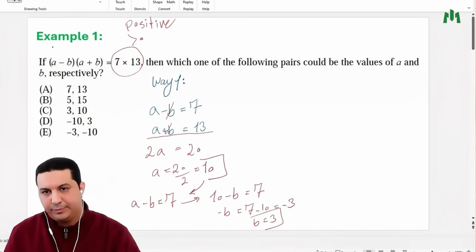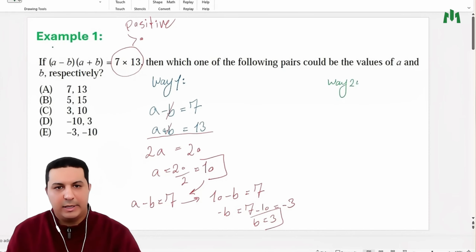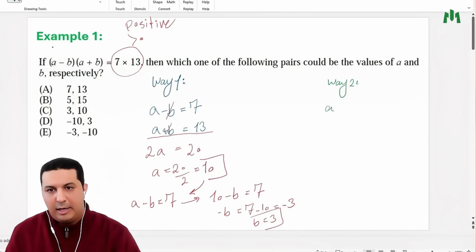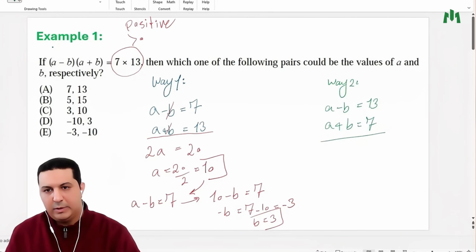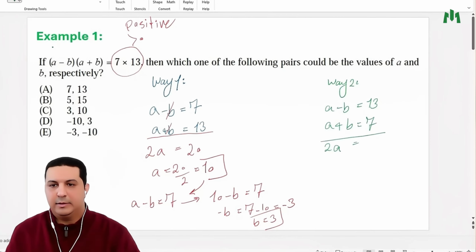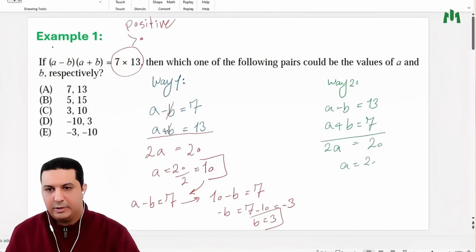Way two: we have the multiple here, so it can be a minus b equals 13 and a plus b equals 7. In this way, 2a is equal again to 20, and a is 20 divided by 2, which is 10.